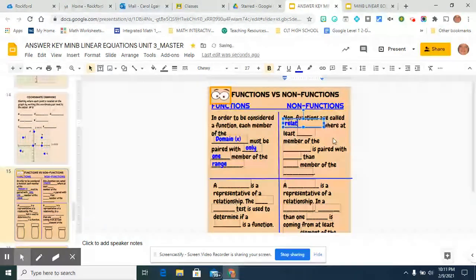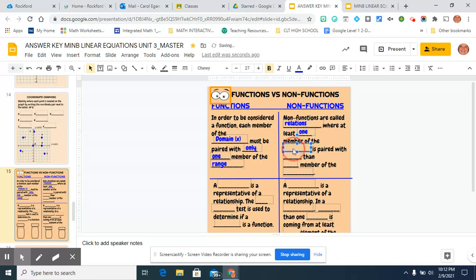Relations are where at least one member of the domain is paired with more than one member of the range.